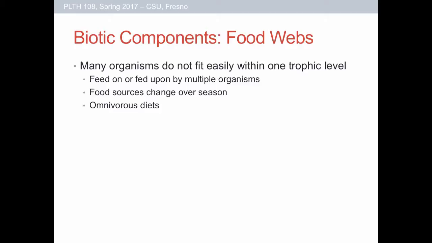There's also a lot of organisms that aren't just straight up herbivores. We have organisms that feed on multiple other organisms. Maybe they feed on different food sources over the growing season or over the season generally. Maybe they have omnivorous diets. So they're sometimes herbivores, sometimes carnivores. And so ultimately, food chains are just too simple to explain that.